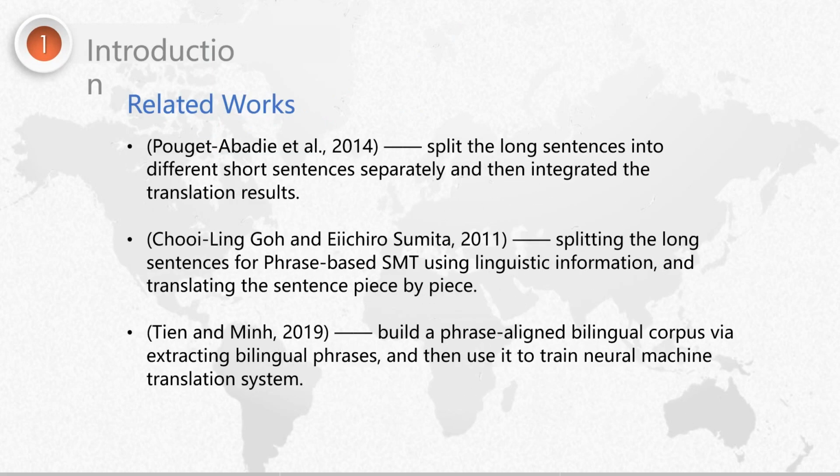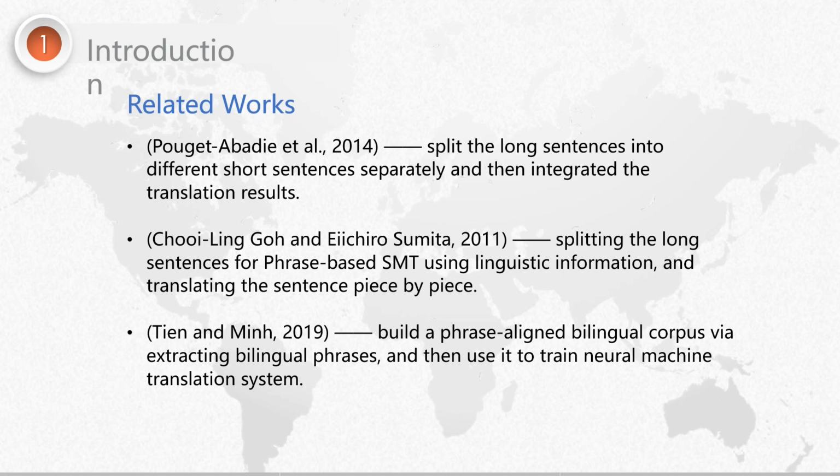To solve the problems, many people have different methods to solve the long sentence translation model problems.